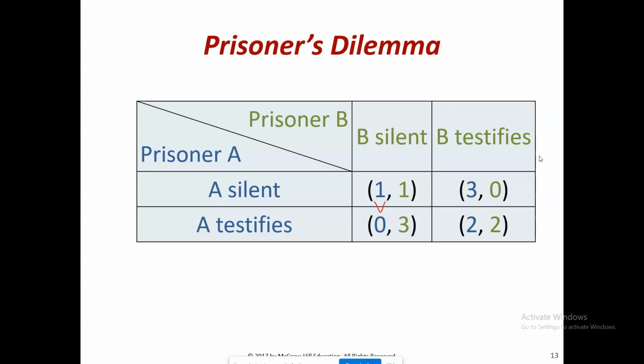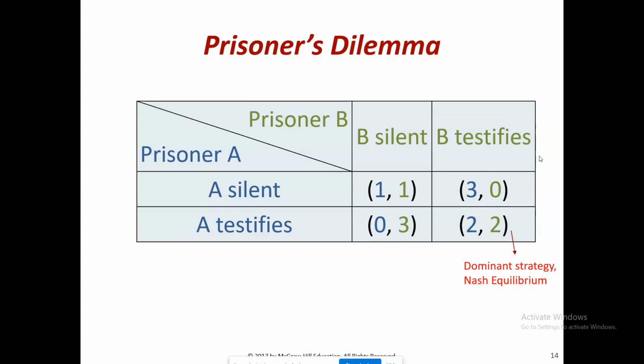If B testifies, A should also testify because serving 2 years is better than serving 3 years. So either way, A should testify, since testifying is A's best response regardless of B's strategy. Parallel reasoning will show that B should testify.